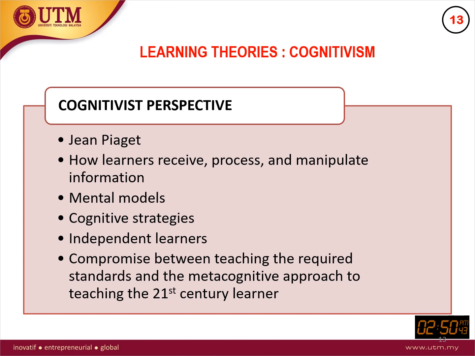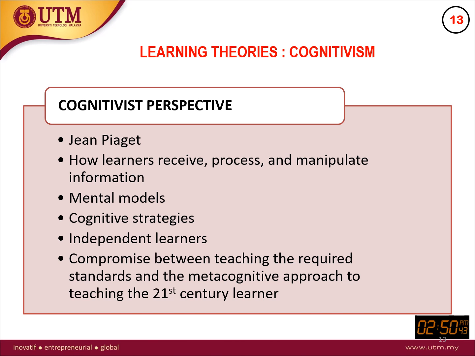And for the cognitivism perspective, it's Jean Piaget's work, and it's all about how learners receive, process, manipulate, and retrieve information when needed. It's a mental model because it's all inside our students' heads or brains.